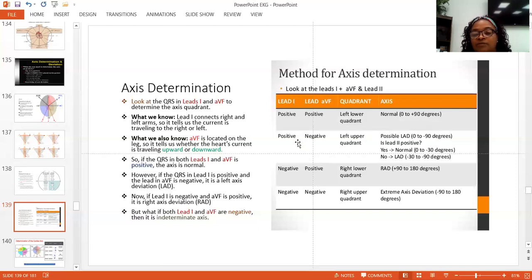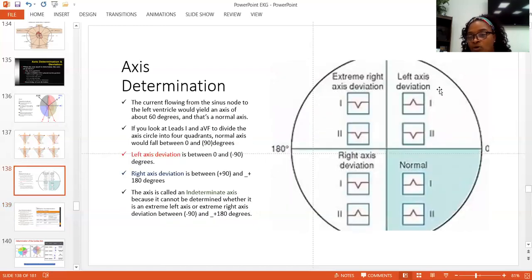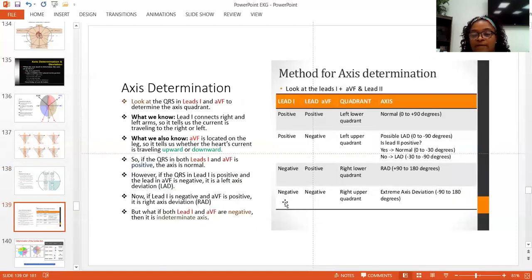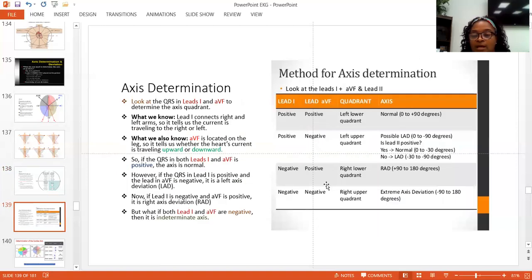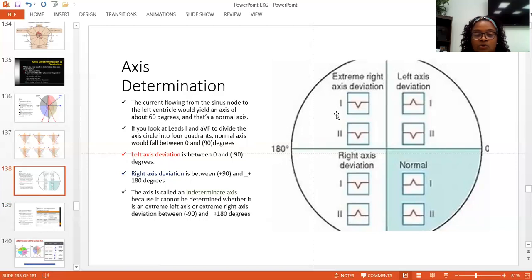If it's positive in lead 1 and negative in AVF, it's going to fall in that left upper quadrant. If lead 1 is negative and AVF is positive, then it's going to fall in your right lower quadrant. And if lead 1 is negative and AVF is negative, then it's going to fall in no man's land, in that upper right quadrant.